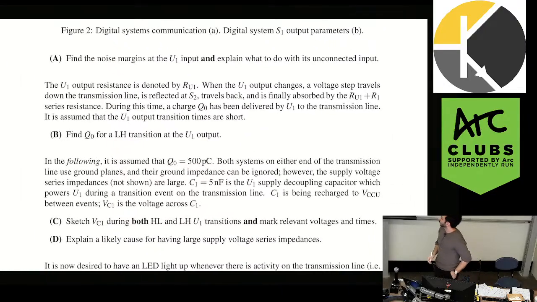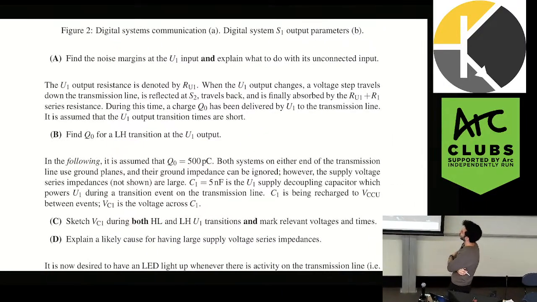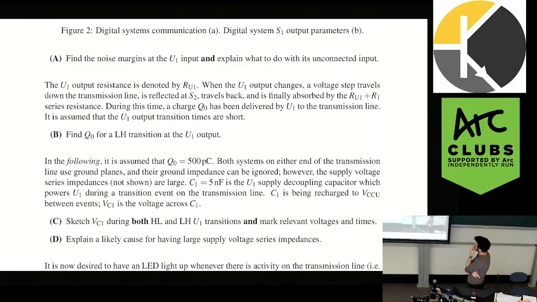The U1 output resistance is denoted by RU1. When the U1 output changes, a voltage step travels down the transmission line, is reflected at S2, travels back, and is finally absorbed by a series resistance. During this time, a charge Q0 has been delivered by U1 on the transmission line. It is assumed that the U1 output transition times are short.